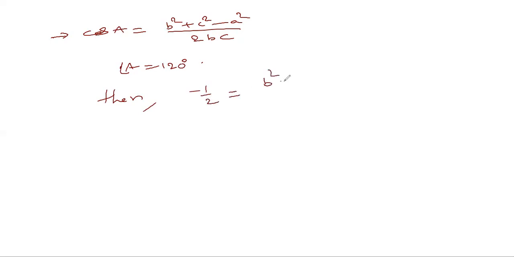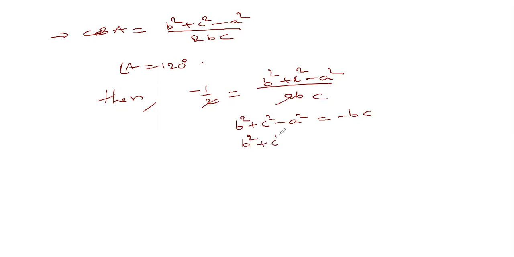That will be equal to b square plus c square minus a square divided by 2bc. So 2 gets cancelled. So b square plus c square minus a square is negative bc. So in the next step, we can write this as b square plus c square plus bc is equal to a square. Similarly, if angle B is equal to 120, then the related relation you can write.